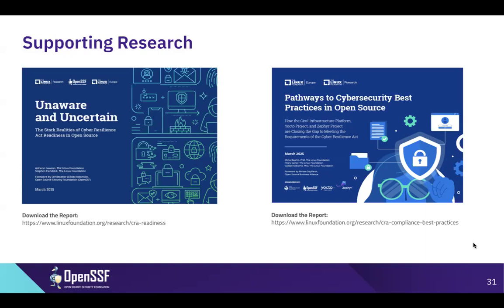And then further expanding into ways that we can help organizations get ready for the CRA is this Pathways to Cybersecurity Best Practices in Open Source, the second research paper featured here. And this actually does demonstrate how other Linux Foundation projects like OpenSSF, Yocto project, Zephyr project, and Civil Infrastructure Platform are already ahead of the ball on what is needed as far as CRA compliance and security measures go. So I'd encourage you to check that out as well to help further support your research.